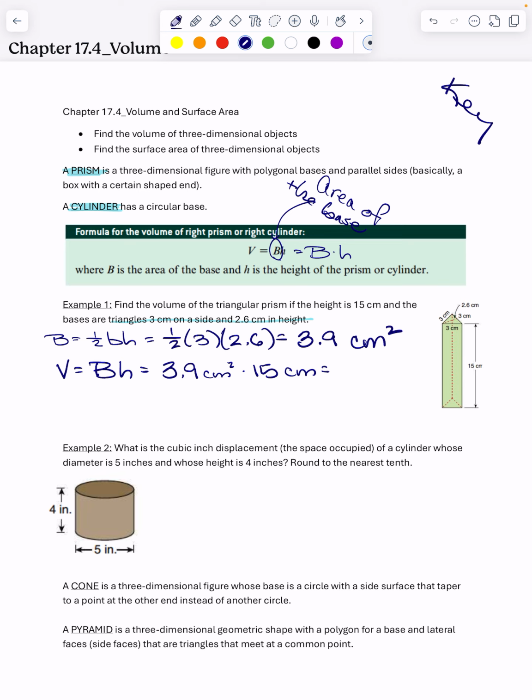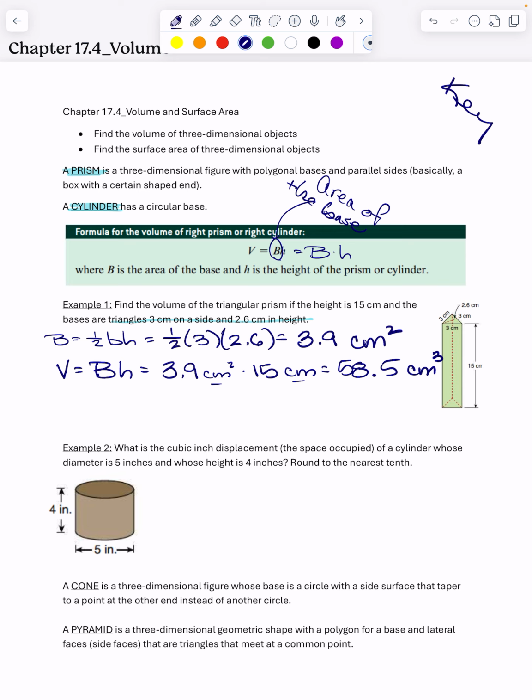So when we multiply the numbers together, we get 58.5. I have centimeters squared here times another centimeters. Our volume is always unit cubed. So here we're going to have 58.5 cubic centimeters or centimeters cubed.